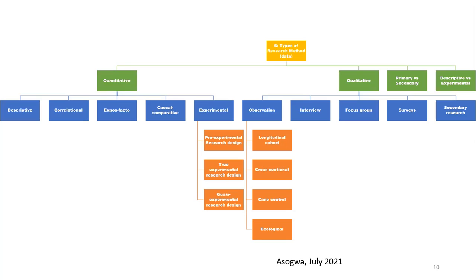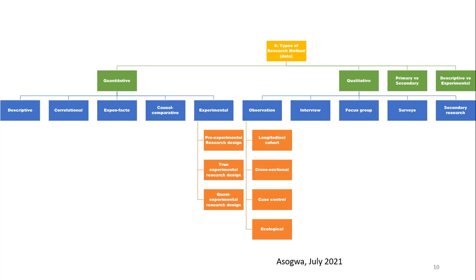Under pure experimental, quantitative. Then going to qualitative research, we have observational qualitative research, interview qualitative research, focus group qualitative research, surveys qualitative research, and secondary research qualitative.